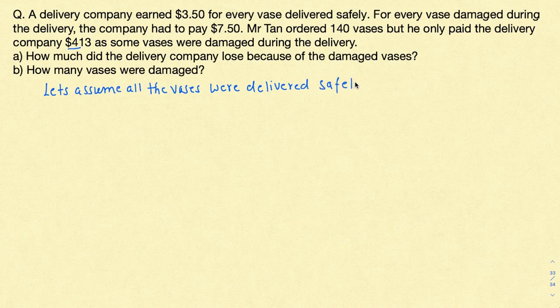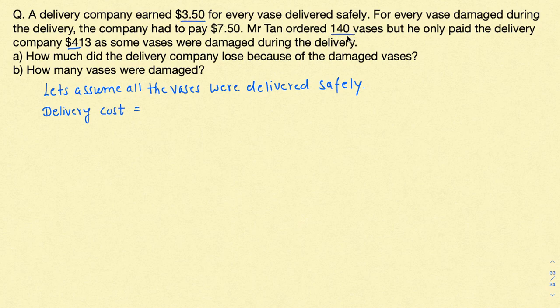Okay, so if they are all delivered safely, what do you think is the total amount the company would have got? So the delivery cost would have been how much? Obviously, for one safe delivery, it is $3.50.